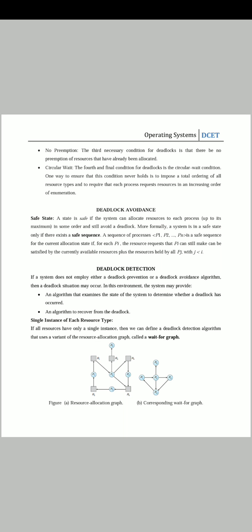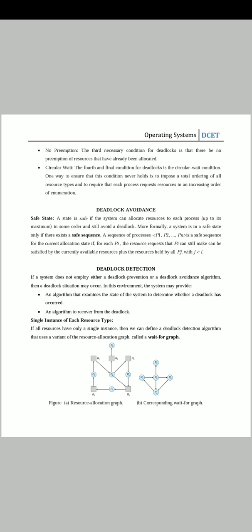The name of this deadlock avoidance algorithm, the banker's algorithm, comes from this: if anybody wants to take a loan from the bank, the bank should have the money in it. If the bank itself does not have the money, it will not give the loan to the customer. It means the bank first has the money, and only then will it provide the loan.